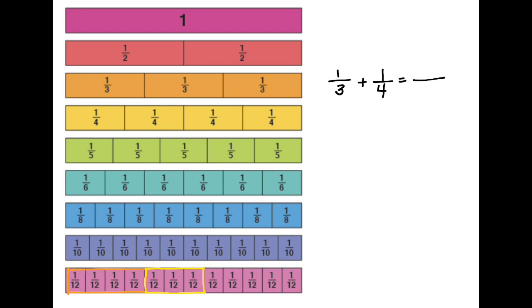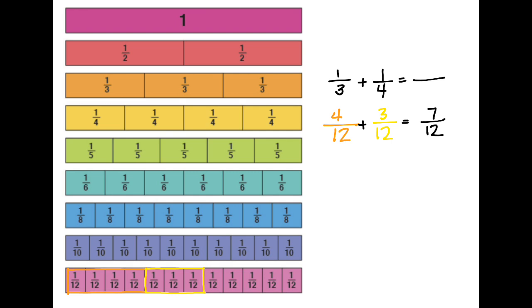Okay, so if I change the orange one into 4/12 and I change the yellow one to 3/12, then I add them together, I will get 7/12, which is exactly what I want because that's exactly where they end right here. 1, 2, 3, 4, 5, 6, 7, 12.